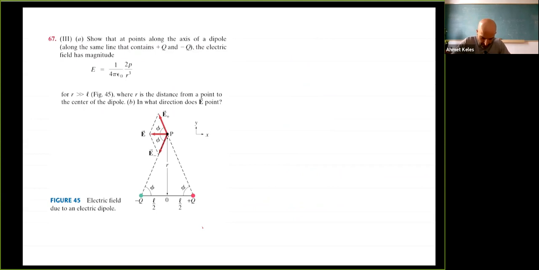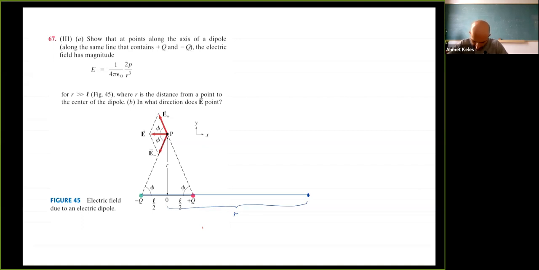Let me just choose a point, something like that. Let me call this distance R, and I want to calculate the electric field here. So first, the direction.